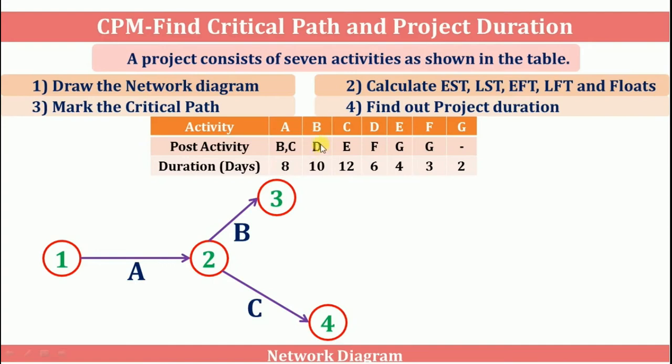And activity B has post activity D, so D will be here, and activity C has post activity E, so E will be here.